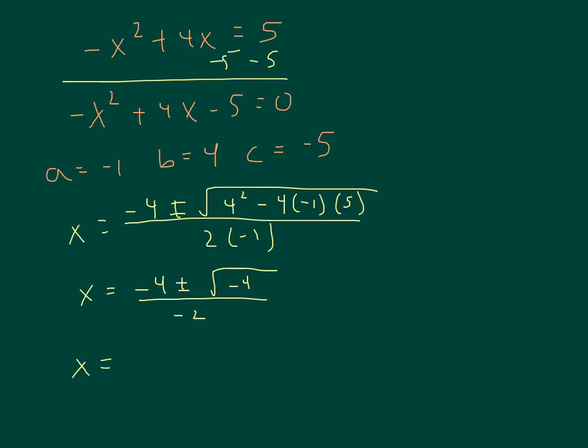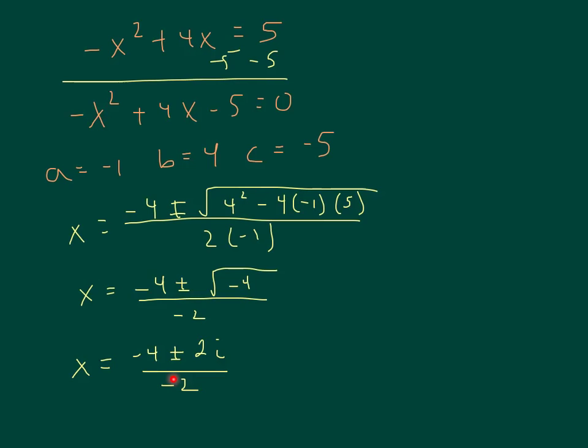Good practice here. First, we're going to simplify that radical. So it's -4 plus or minus, now again, that -4 is like a -1 times 4, so that's plus or minus 2i all over -2. Now, all three terms are divisible by 2.